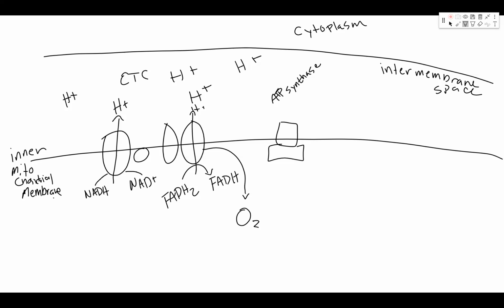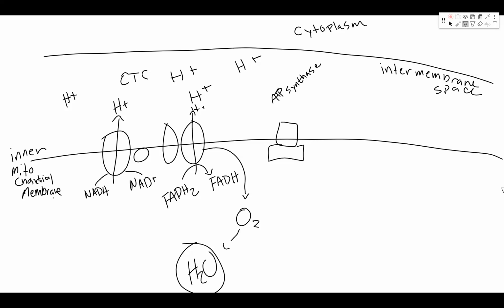Our final electron acceptor is oxygen, and when those electrons get to that oxygen, that's where we get our water. That was the last step in our equation when we drew out the end of cell respiration yesterday. This is where the water comes from, because our oxygen is the final electron acceptor, and it's a very, very good electron acceptor.